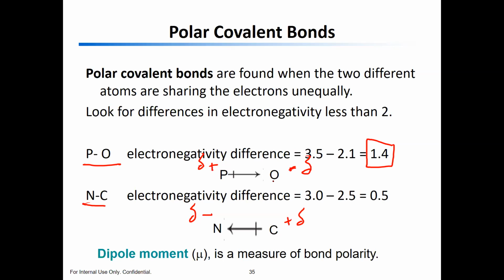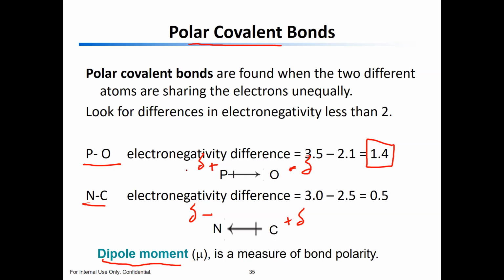So we want to be quantitative. They're both polar, so which one's more polar? And which one has more of a charge? There's something called dipole moment. We're not going to go into that calculation, but there's a way to calculate this dipole moment. Basically, if it has a dipole moment, that must mean it's polar covalent.